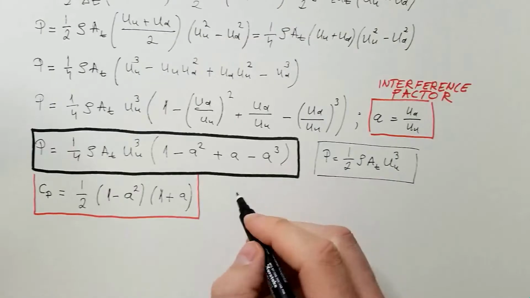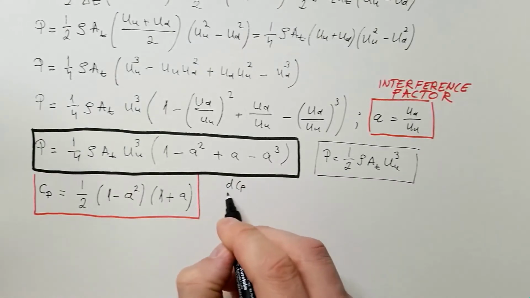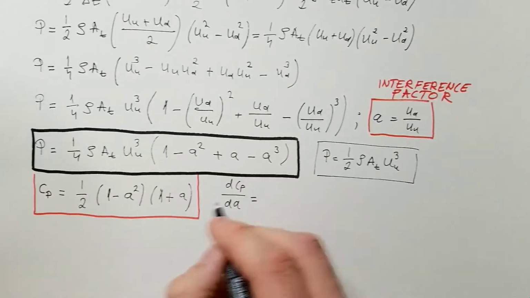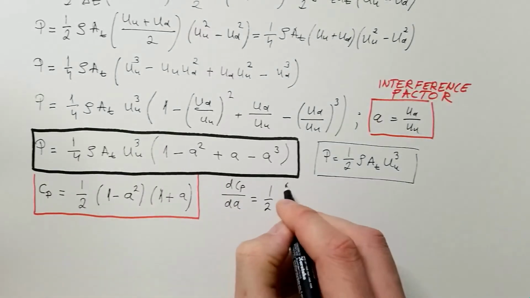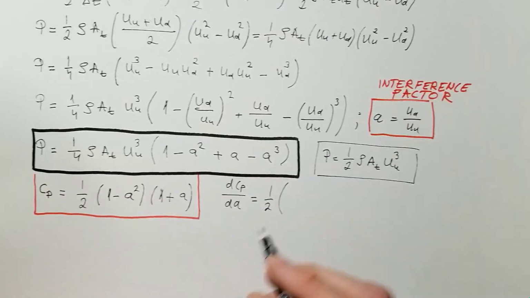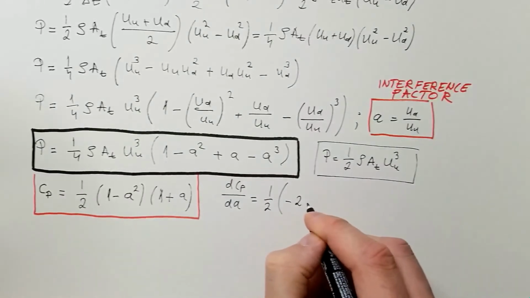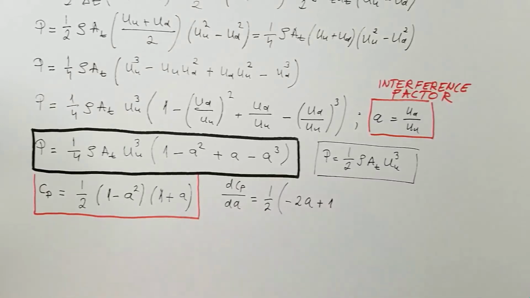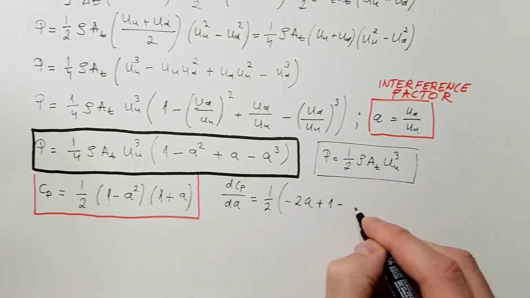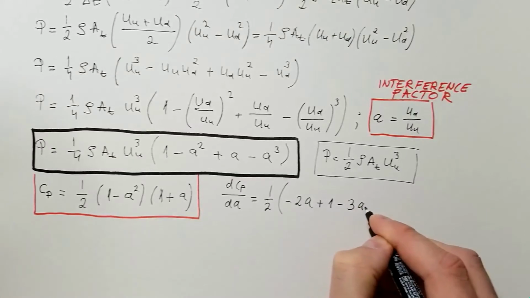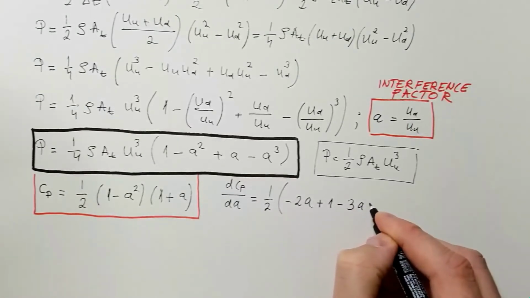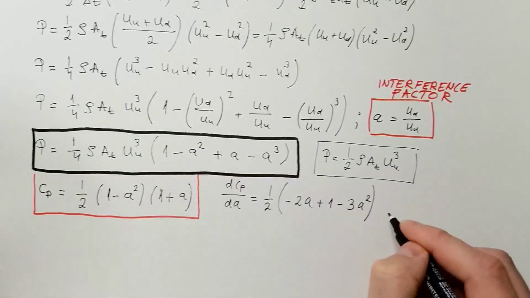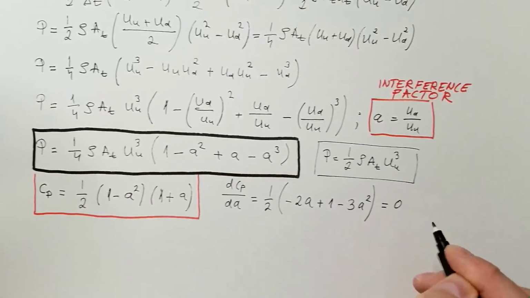In other words, dCp/dA is equal to 1 over 2 times, I differentiate this, that would be minus 2A plus 1, that's differentiation of A, and minus 3A squared. That's when I multiply these two. And I set this equal to 0.